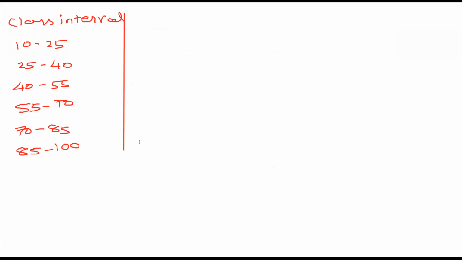Then we have the class mark. Write the class mark there immediately. You now know how to find the class mark. What will be the class mark of this? 10 plus 25 divided by 2. I am not going to do it again, everybody knows it. Its class mark will be 17.5. Class width is 15, so go on adding 15 to it.